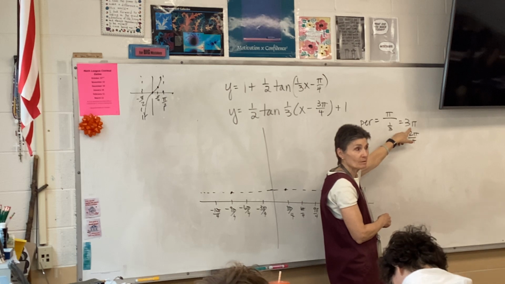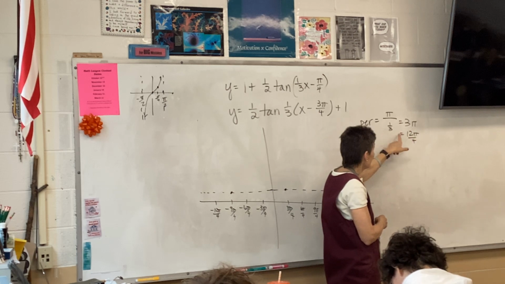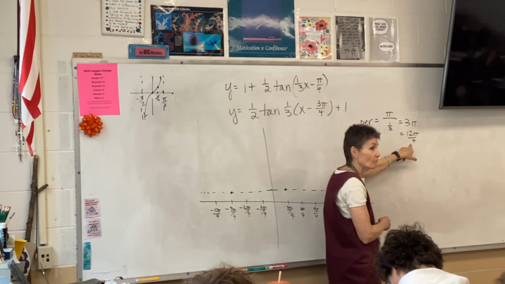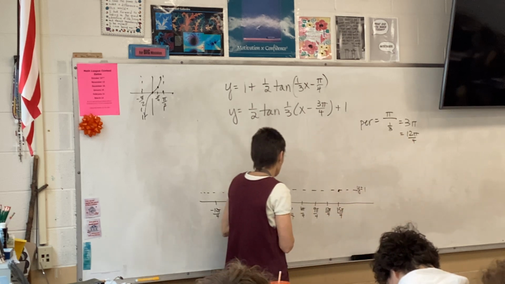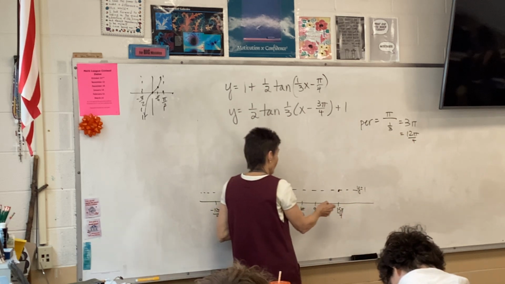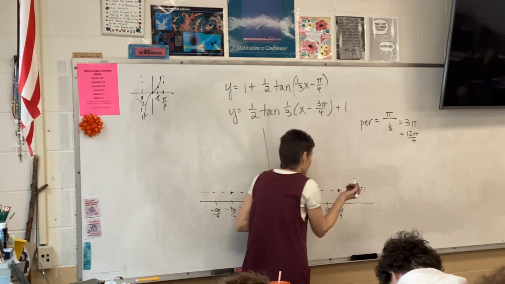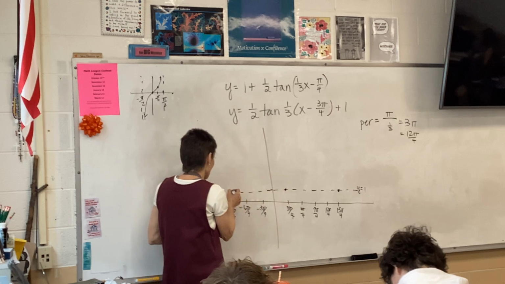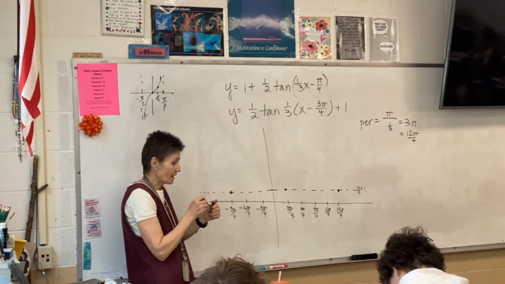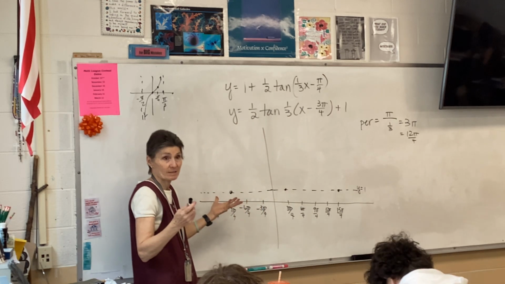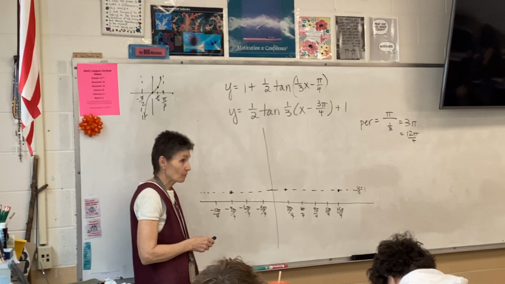Pi divided by a third? I'm going to think of 3 pi as 12 over 4. So I just marked forward 12 fourths, and that would be another dot. The dots are a period apart. And I marched back and put another one back here. I may not use all those, but now I've got dots. Is that okay with everyone?